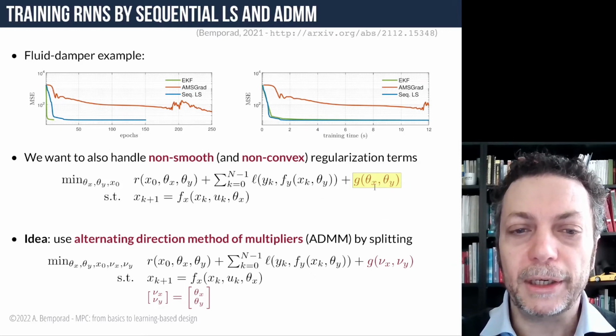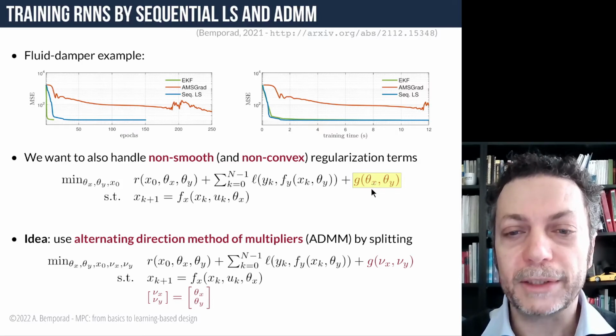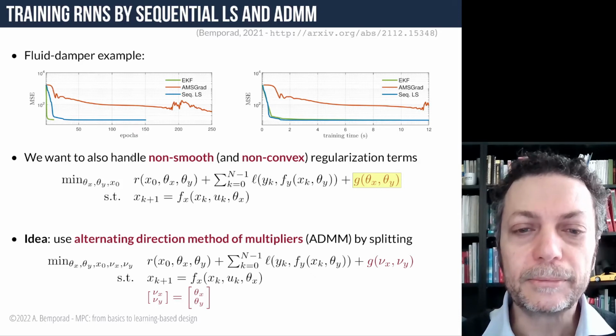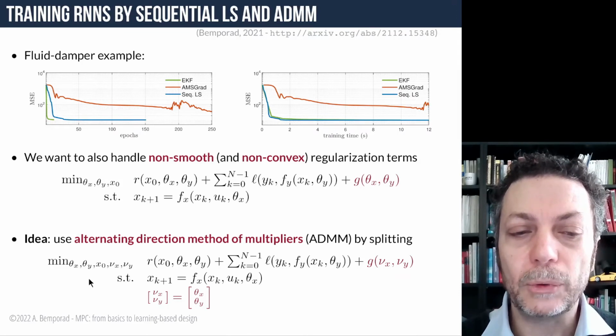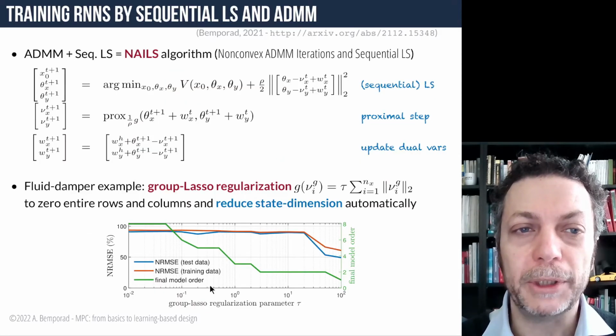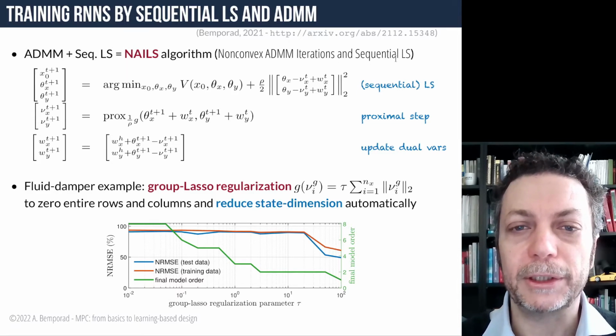This could be, for example, L1 regularization, or even non-convex regularization terms like L0 regularization, or constraints that you want to impose on the coefficients, and then use ADMM iterations to compute a solution to the original problem. I've called this algorithm NAILS, for non-convex ADMM iterations and sequential least squares.